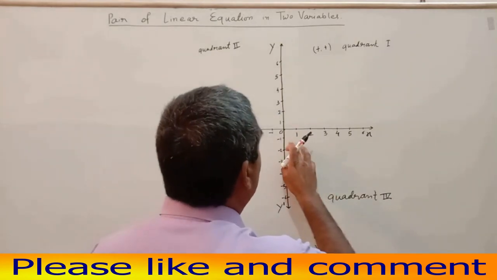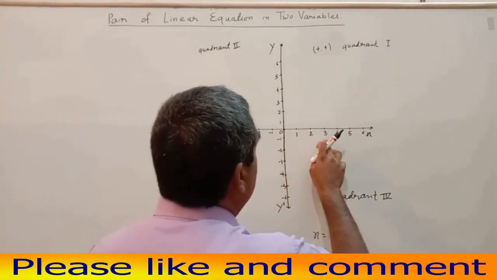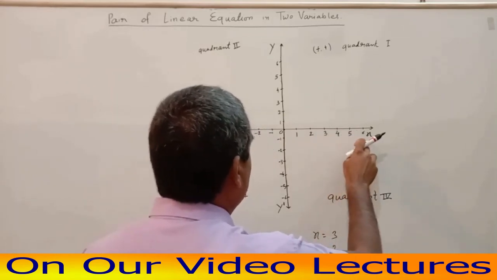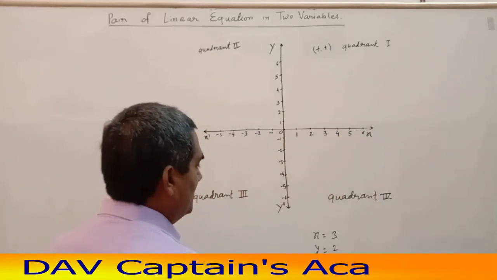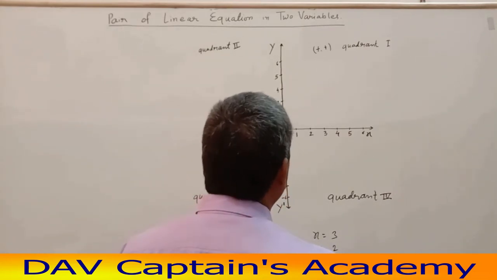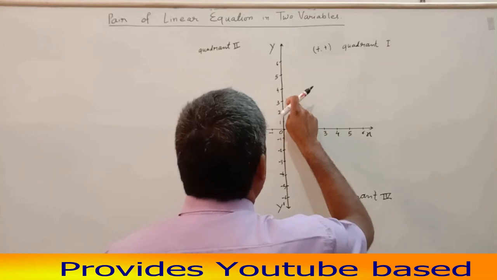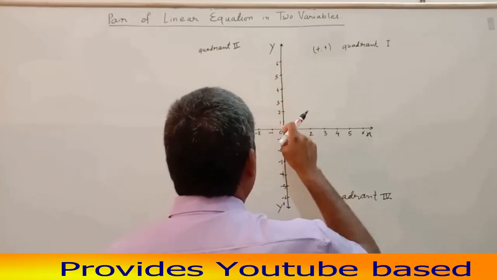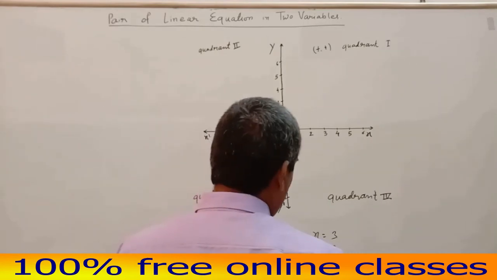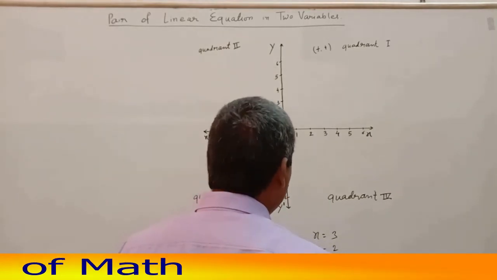It means we have to move 3 steps on the x-axis in this direction, and y is equal to 2, so we move in the upward direction from the origin on the y-axis by 2 steps.